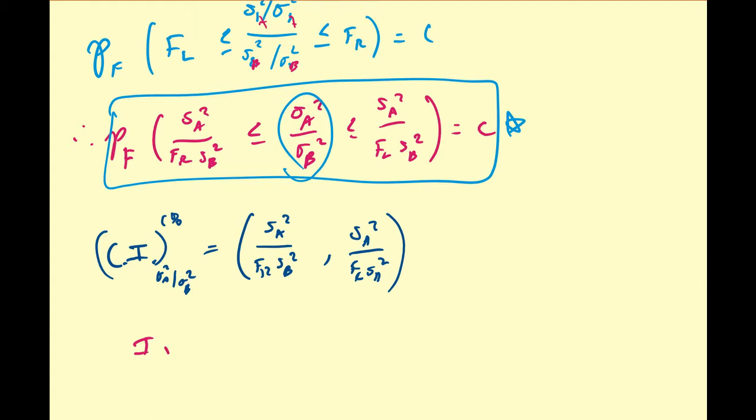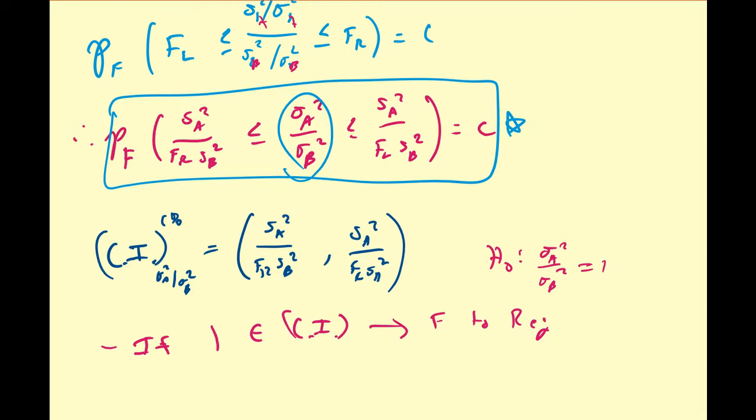If these variances are equal, then that means the ratio is going to be equal to 1. Remember, the null hypothesis is that the ratio is equal to 1. So if 1 lies within our confidence interval, then we're going to fail to reject the null hypothesis, because that means our ratio of sample variances is pretty much equal to 1 or close enough to it.